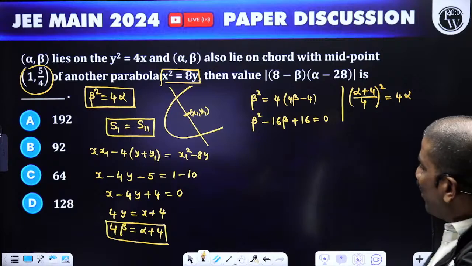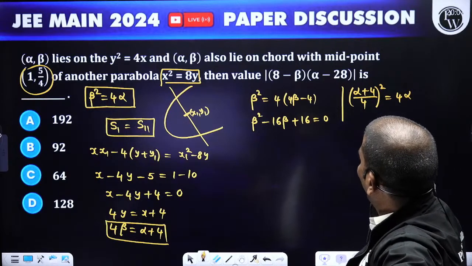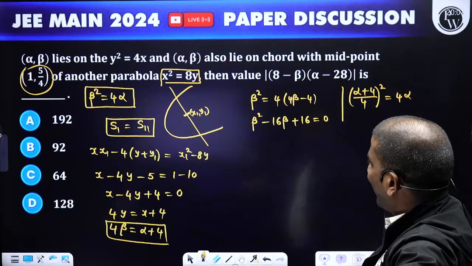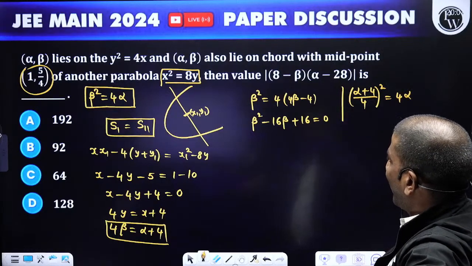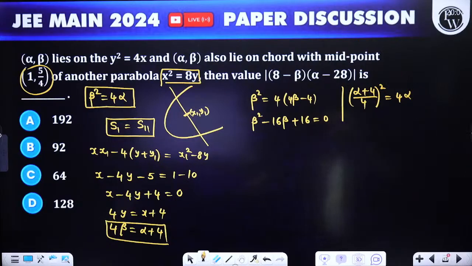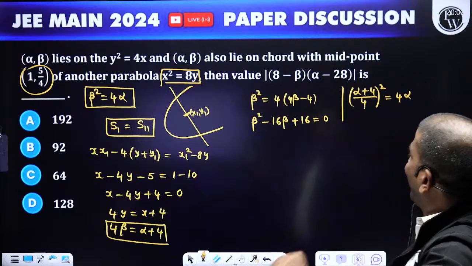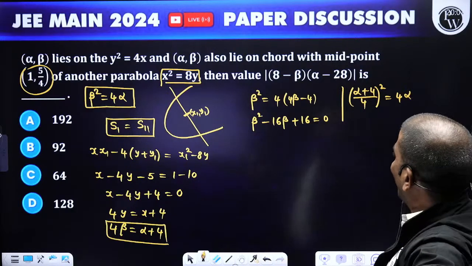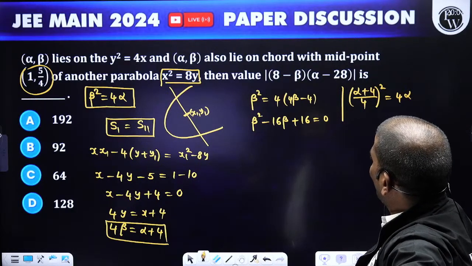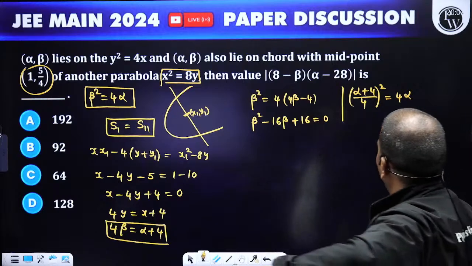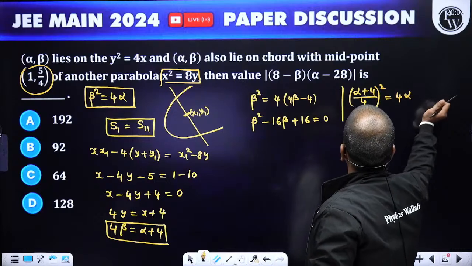Alpha is 4 beta minus 4. Right. 8y. Minus 16 beta plus 16. So we need to check the calculation part here.